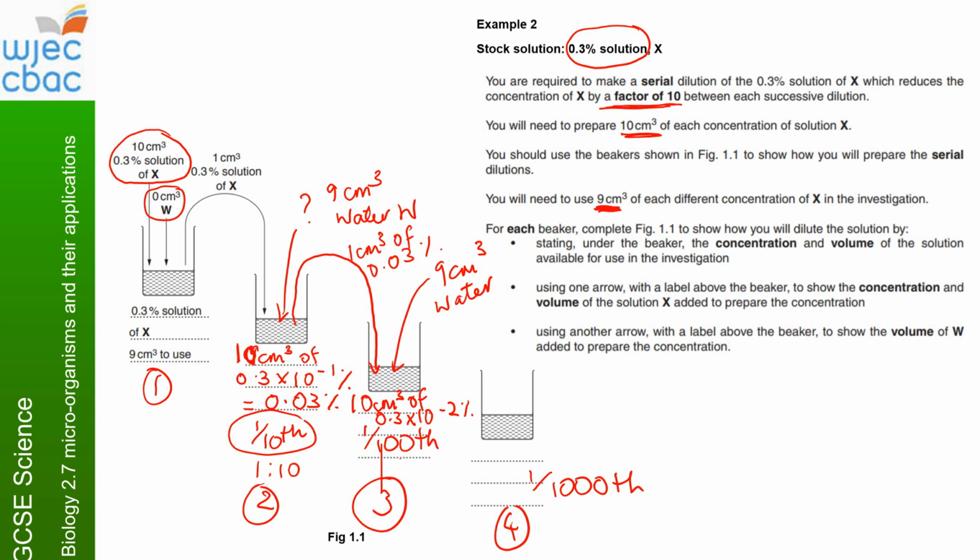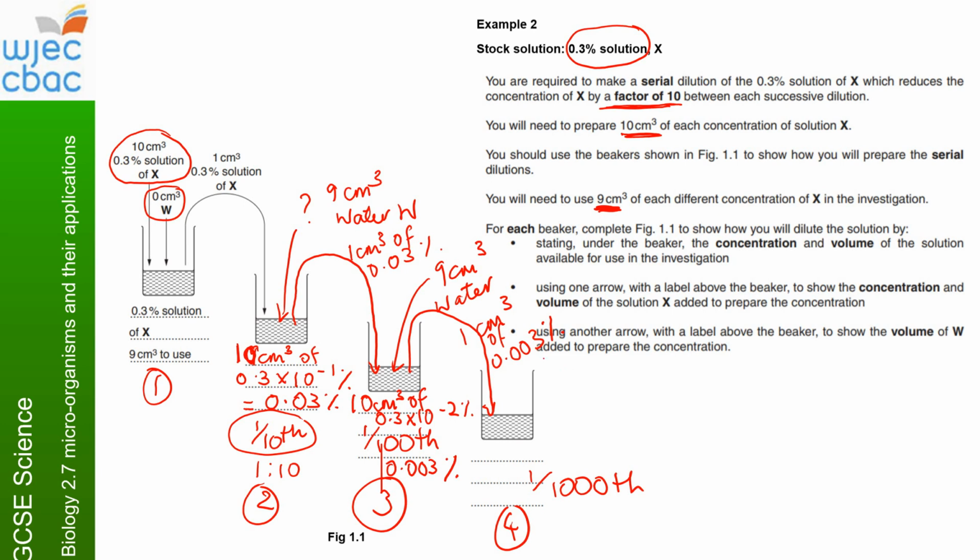So what is 0.3 times 10 to the minus 2? Get the right number of zeros here, 0.003%, okay? For the last beaker, we're going to take 1 cubic centimetre, this time of the 0.003%.